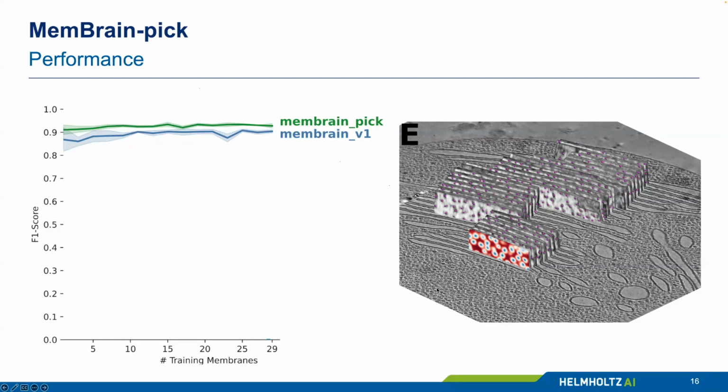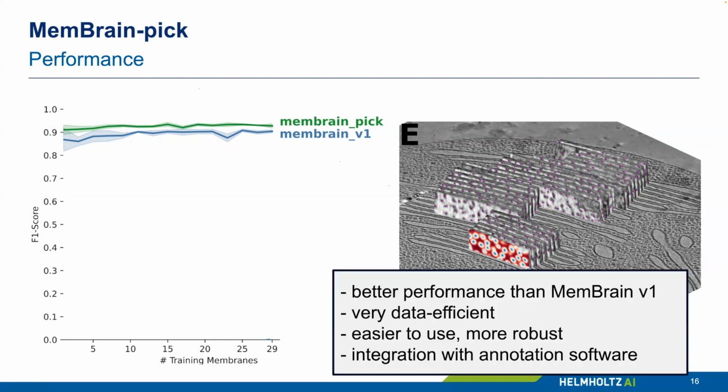And here on the right you can see MembranePick being applied to one of the data sets that we used. We're still working on improving that, but I think it's already much easier to use than the previous version, Membrane V1.